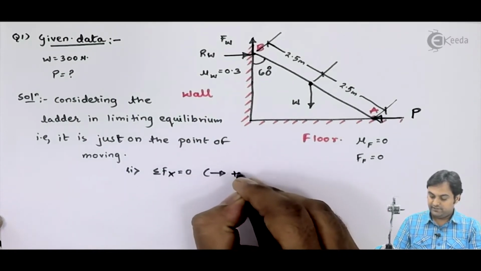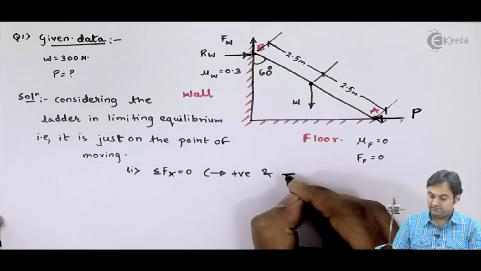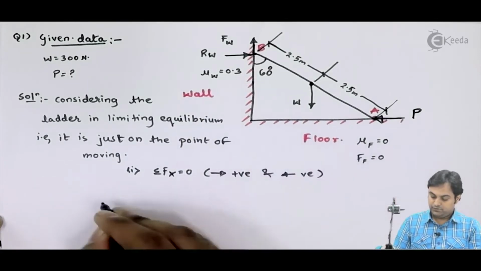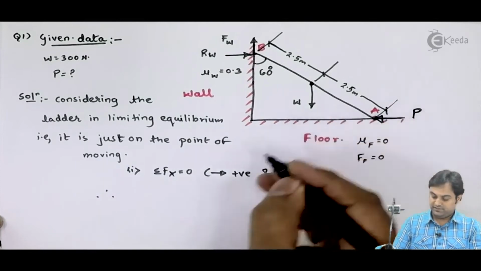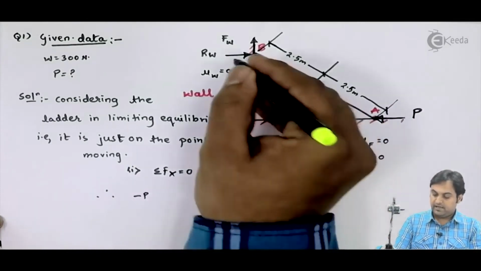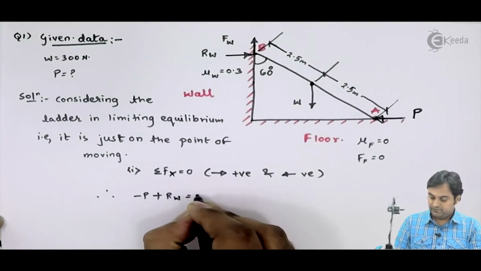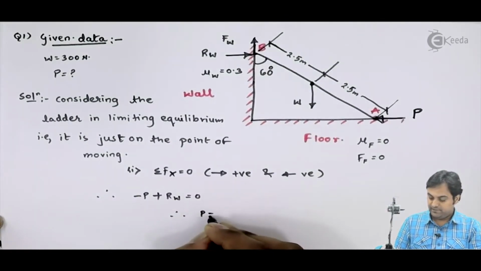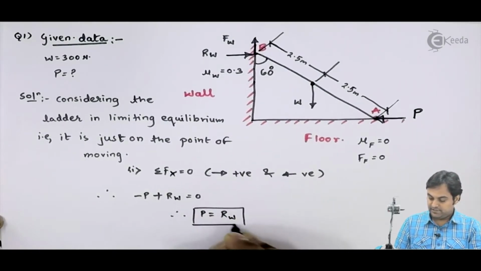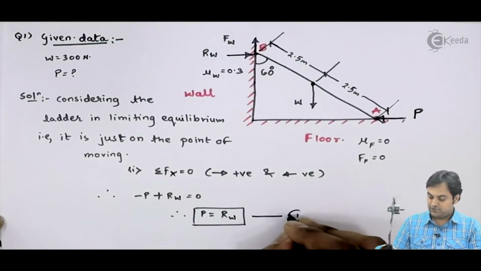If they are towards right, positive, and if they are towards left, negative. So here I can see P is towards left, so negative, RW is towards right, so positive. That's equal to 0. In other words, I have P is equal to reaction offered by the wall. I'll keep this as my equation 1.